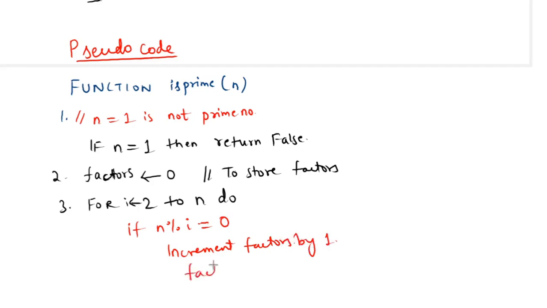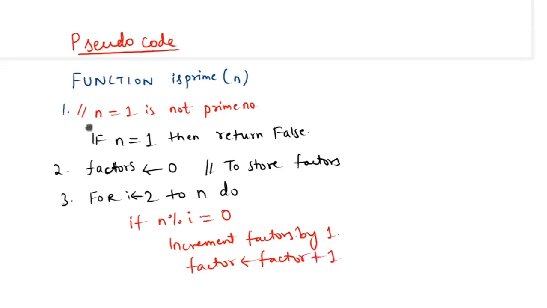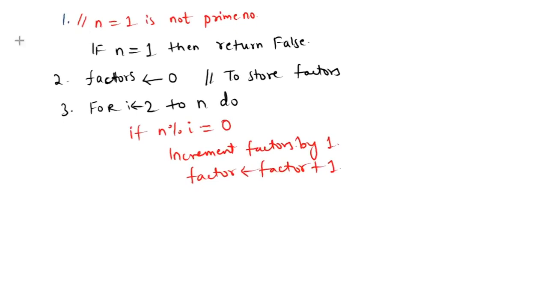So factors will now be updated like factors plus 1. This is step 4, this is step 5, step 6. The seventh instruction will be to check. This is the end.